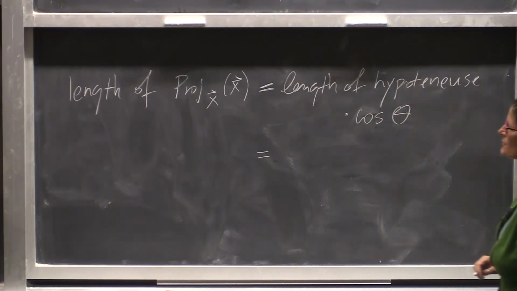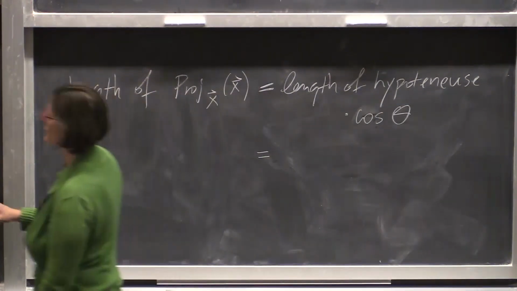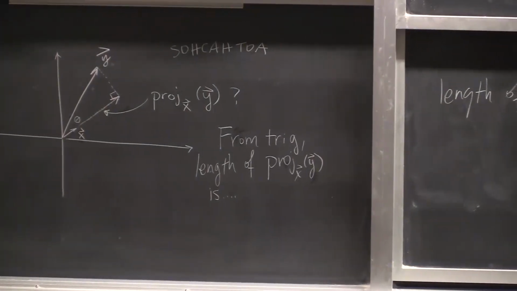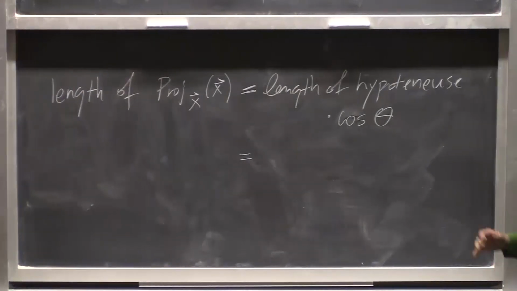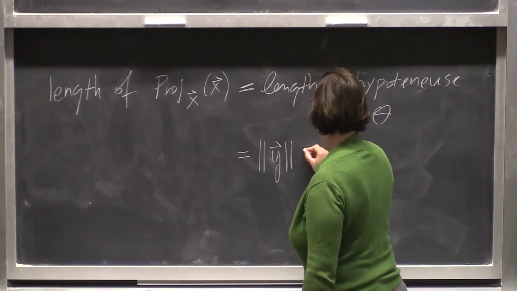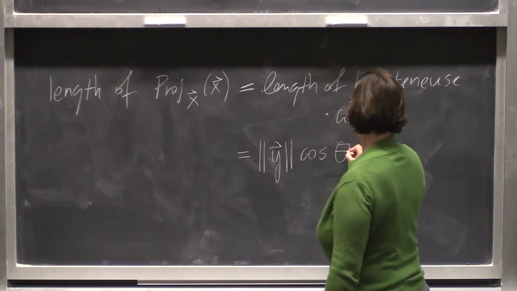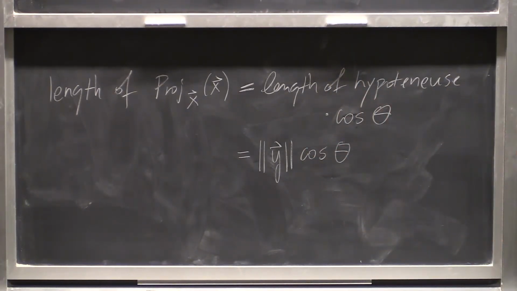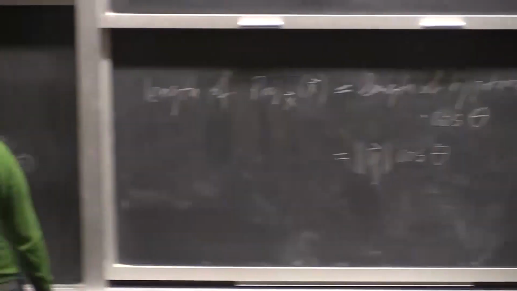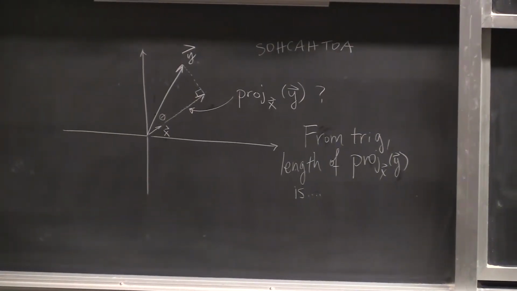Now, the length of the hypotenuse: I've been given a vector y, right? My vector y is right here. So what is the length of the hypotenuse? It's the length of y. Here I've drawn it for theta being an acute angle, so cosine theta is positive.